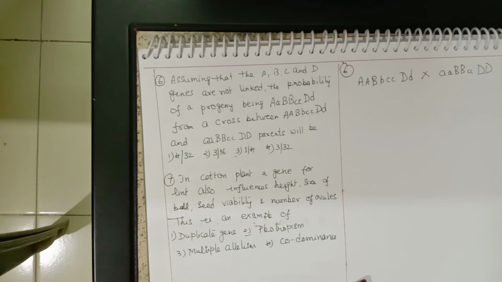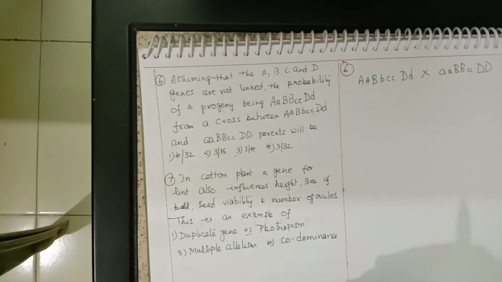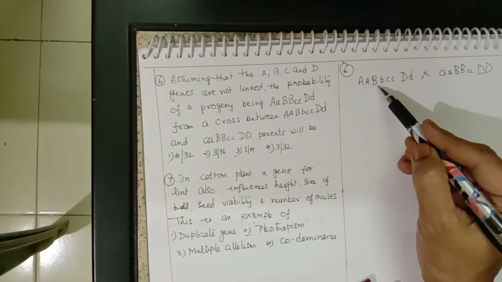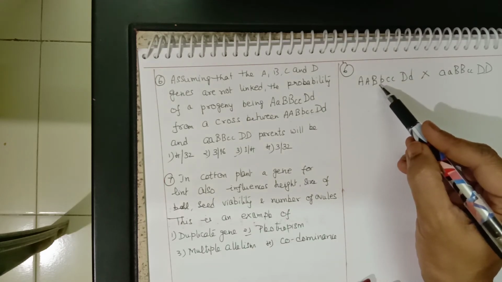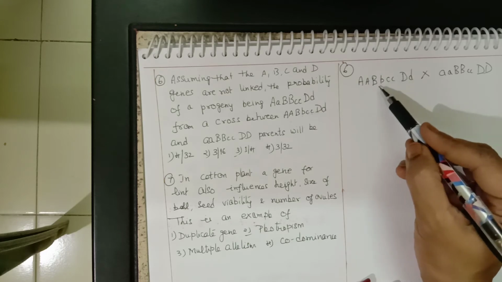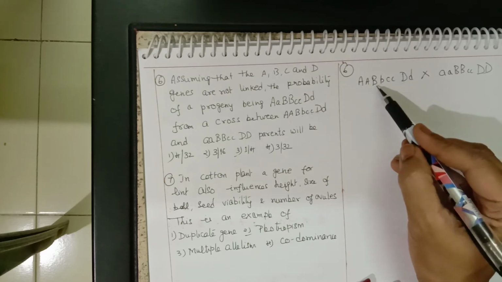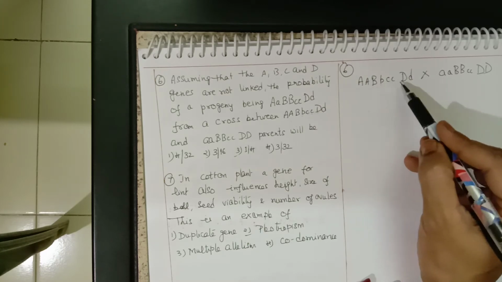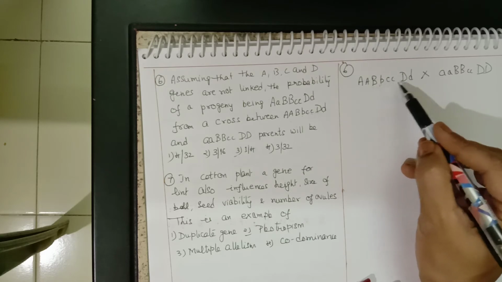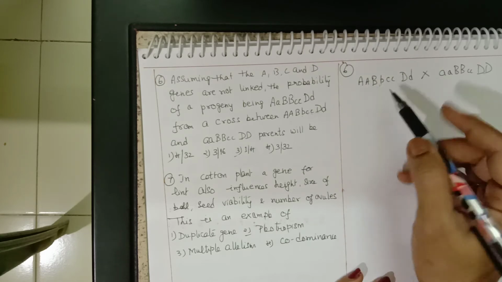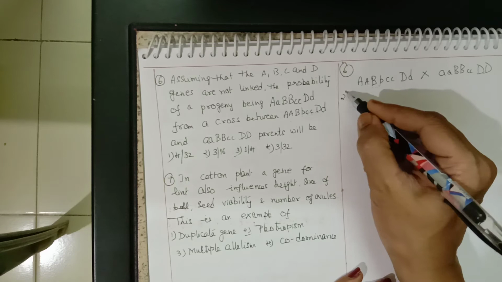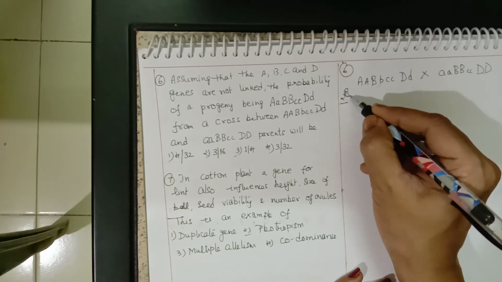So what type of gametes can we find here? The types of gametes we can find out based on the number of heterozygous conditions. Here we have only 2 heterozygous conditions. So if there are 2 heterozygous conditions, it is 2 to the power of n, where n is the number of heterozygous.